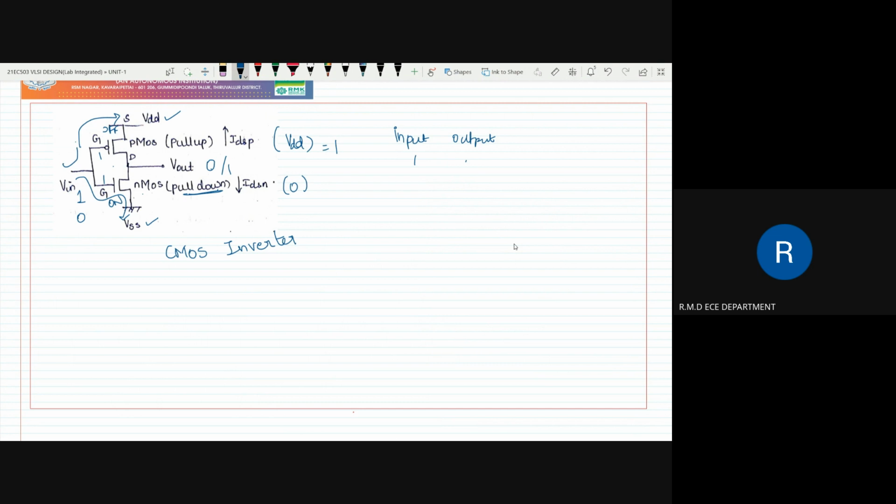This zero is due to the pull down network. If the input is zero, the PMOS is on and pulls the output up to VDD, producing one, because of the pull up transistor. Therefore it acts as an inverter: input one gives output zero, and input zero gives output one.